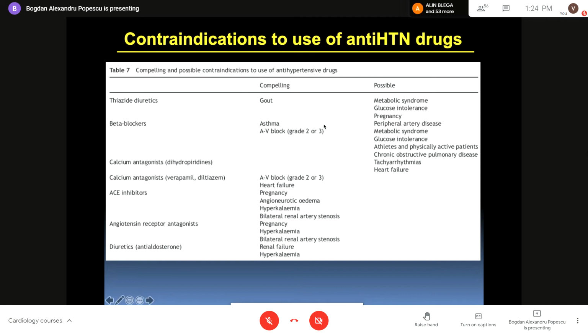For example, if the patient has grade 2 or 3 AV block, of course you will not use beta blockers because you may even stop the patient's heart. True asthma, truly diagnosed asthma, if you use beta blockers, you may produce a bronchospasm that may be even fatal to the patient, and so on and so forth.